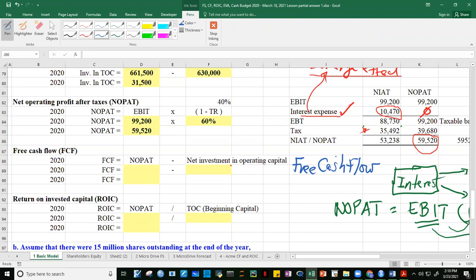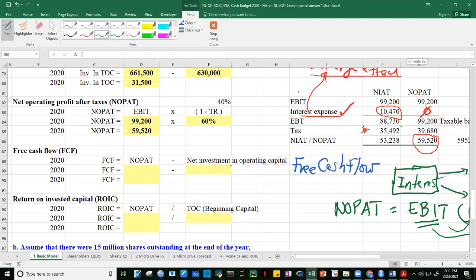Pero let me suspend the definition of that because I want you to discover for yourself. Ano nga ba yung free cash flow? Pero check muna ako. Who among you, is this the first time you heard of this measure called free cash flow? Yes or no lang, guys? First time ba na narinig nyo itong ano? Okay, good. Thank you.